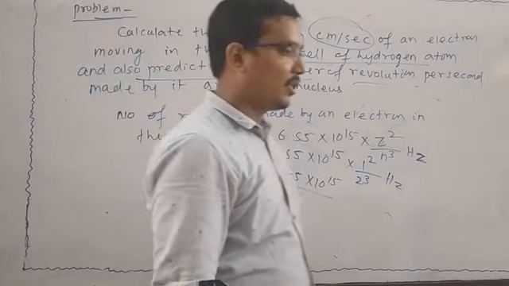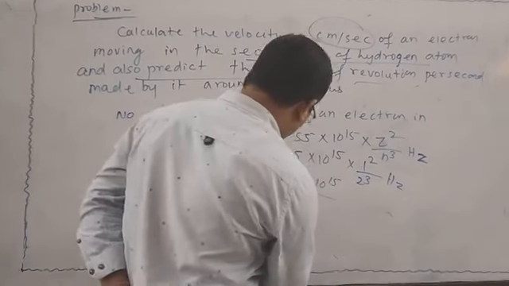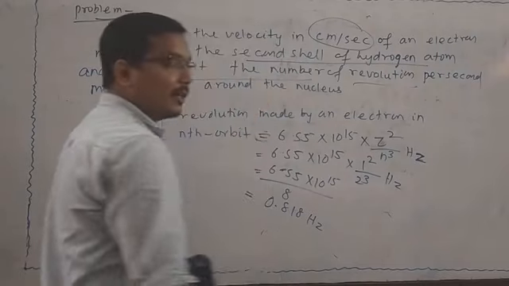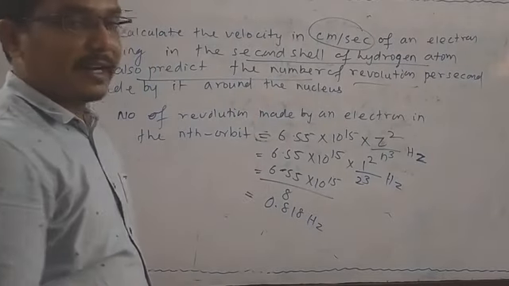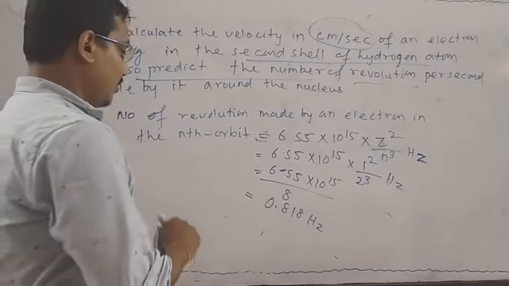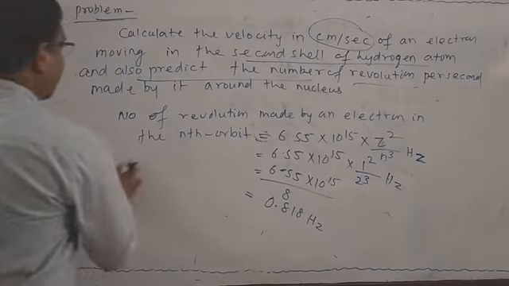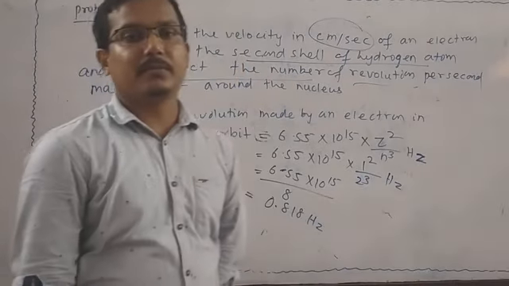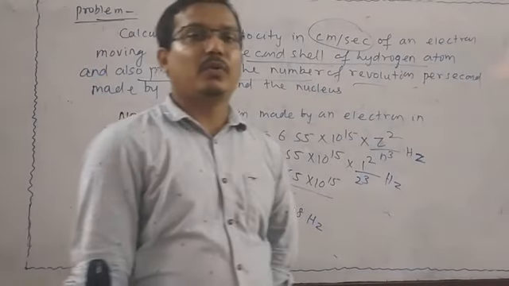After calculation, we find out 0.818 hertz. That is your 0.818 cycle per second. This is all about the related problems with the Bohr's atomic model.